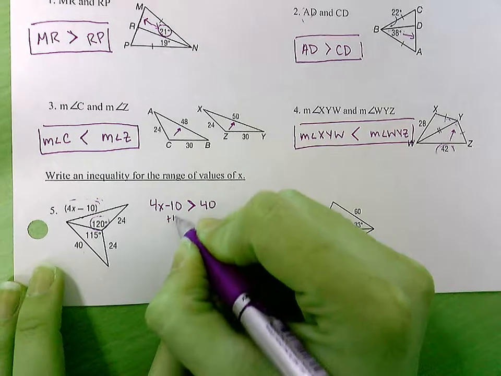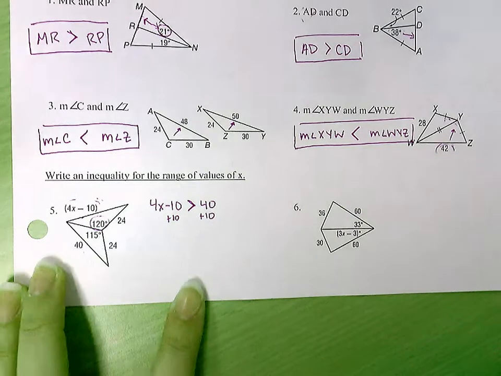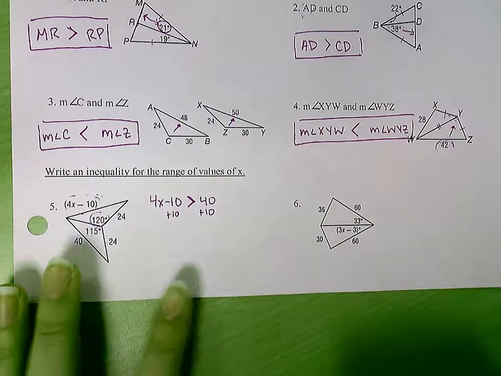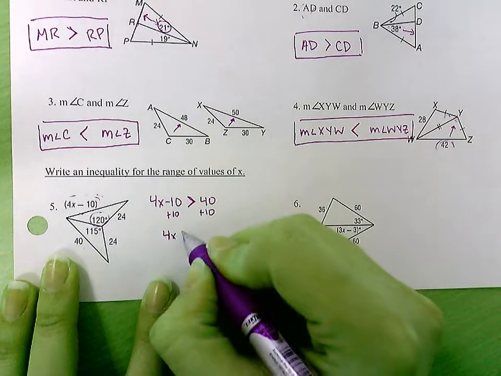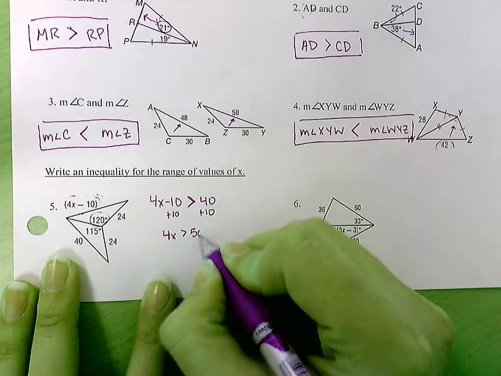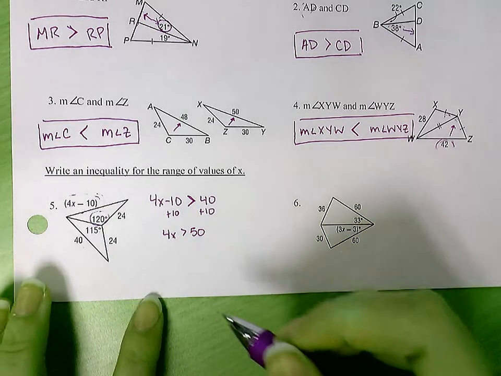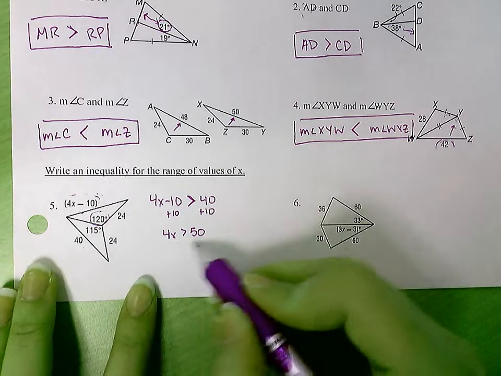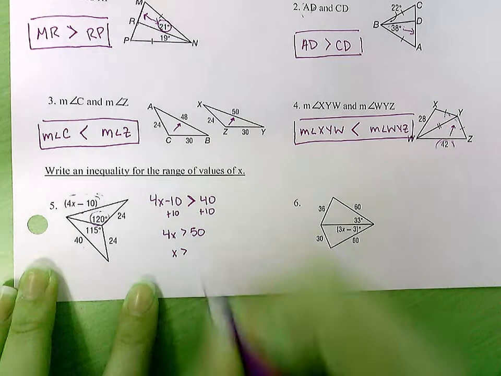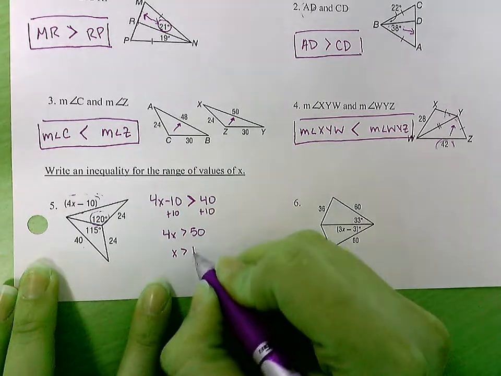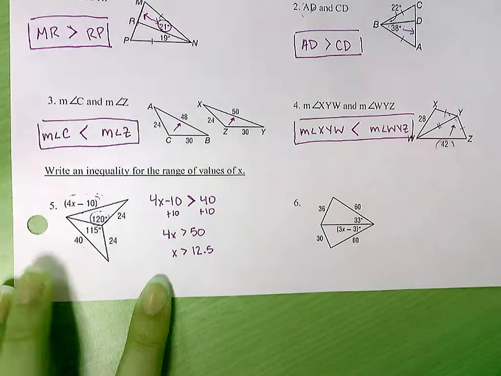So I'm going to add 10 to both sides. So we have 4x is greater than 50. Divide by 4. And x will be greater than 12.5.